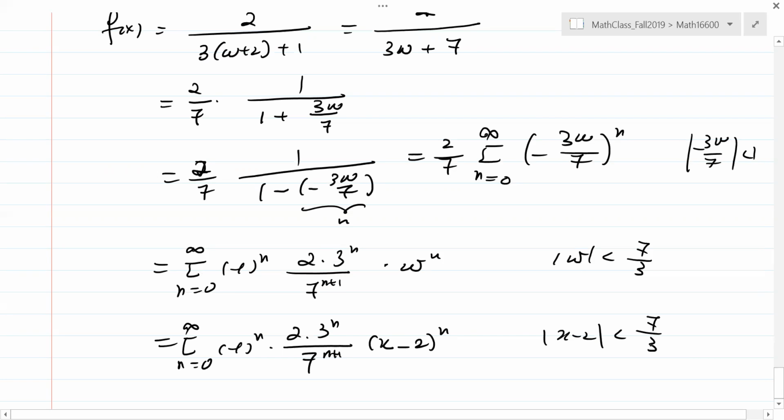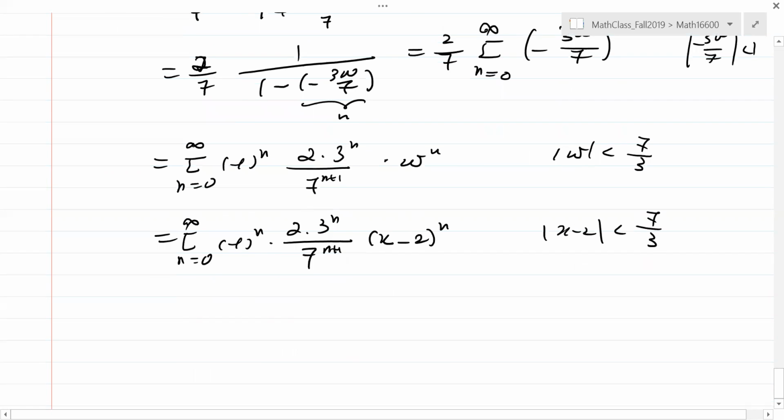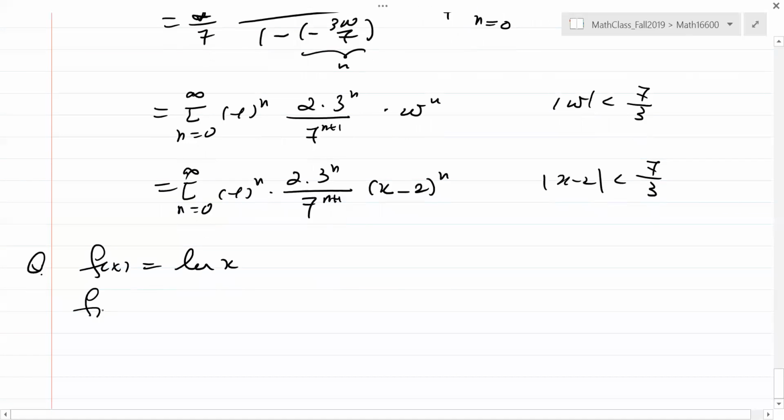So when x is close to 2, and you have decided that the given function, like the natural log of x, okay, this is defined for x greater than 0.